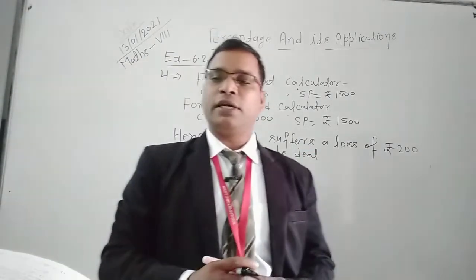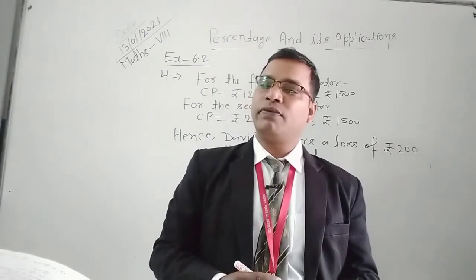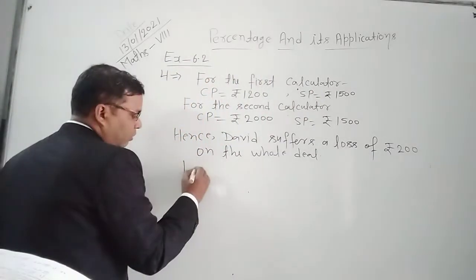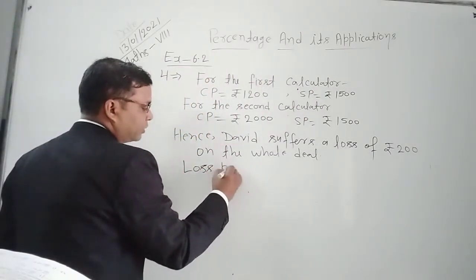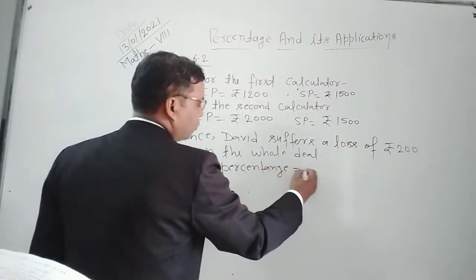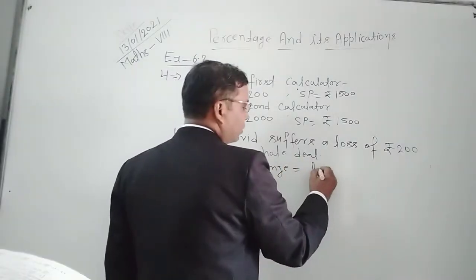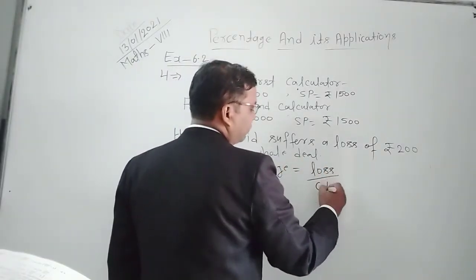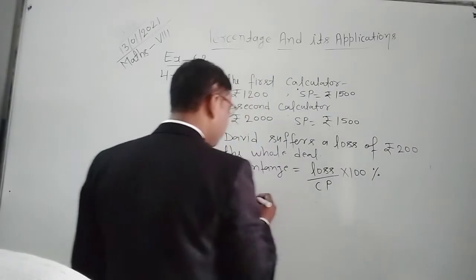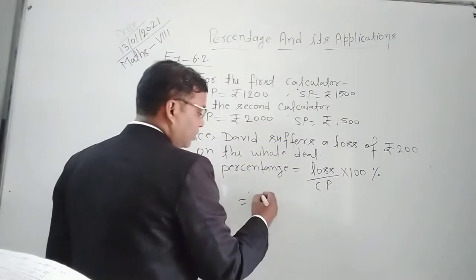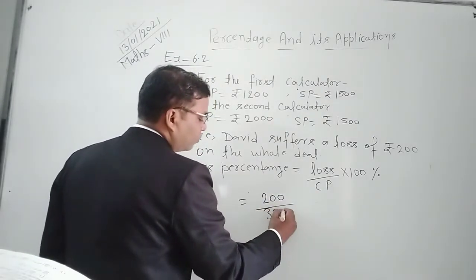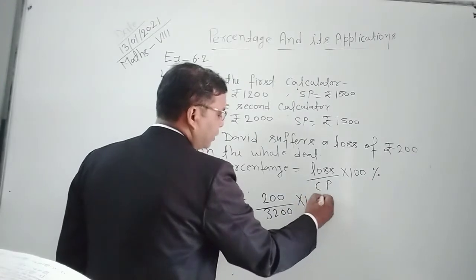This is clear. Now we are going to find the loss percentage. How do we find the loss percentage? Loss percentage is equal to loss by CP into 100%. So loss is equal to 200 rupees and the cost price is 3200, into 100%.